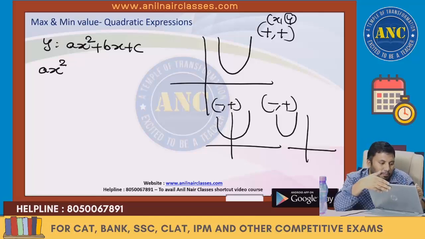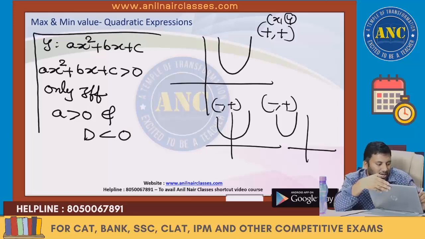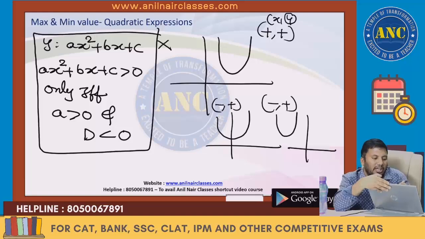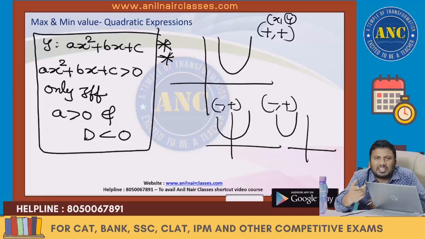The quadratic expression will be greater than 0 only if A is greater than 0 and D is less than 0. Please write this point. Why is it greater than 0? It is lying in the first quadrant or the second quadrant. So in the first and second quadrant, y will always be greater than 0.